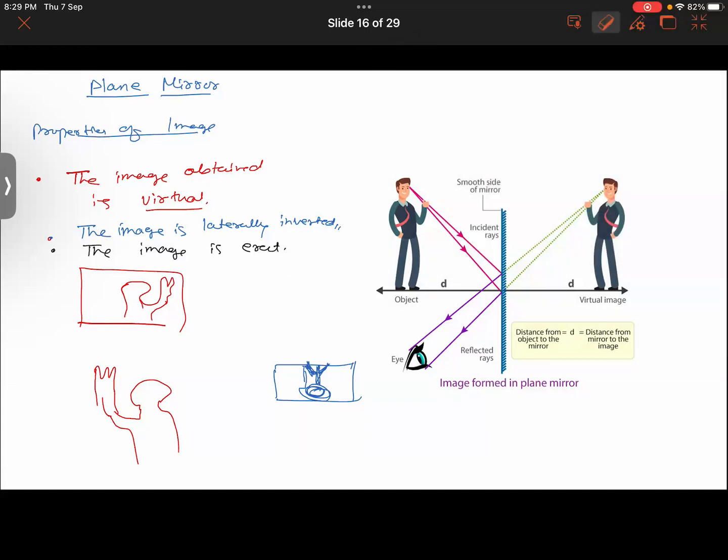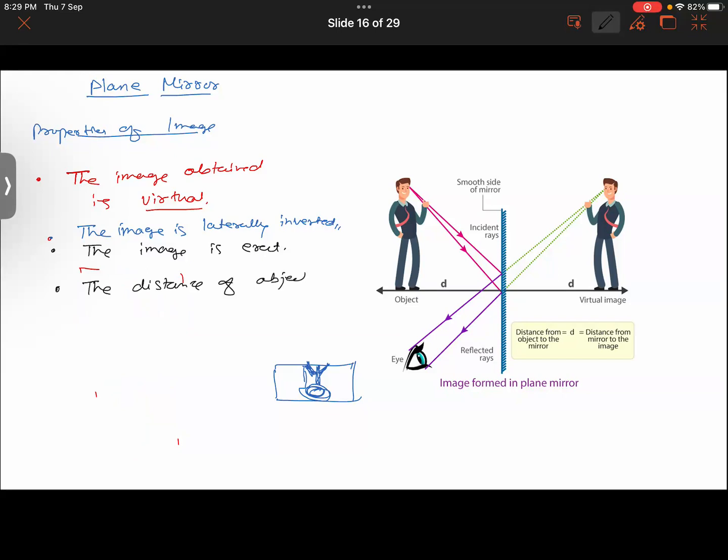So one more property you need to know: the distance of the object from the mirror is the same as the distance of the image from the mirror.